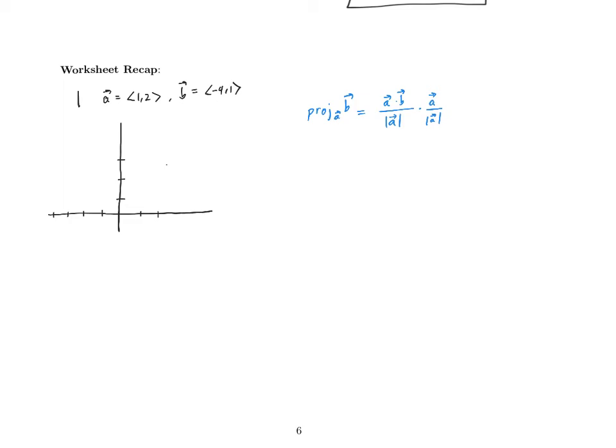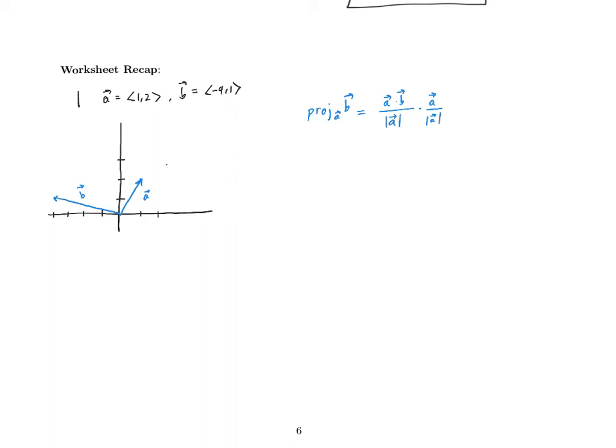So A is the vector 1, 2. So we go 1 in the x direction, 2 in the y direction. And B is the vector minus 4, positive 1. So we go 4 in that negative x direction, 1 in the positive y direction. And this may not be perfectly to scale, but hopefully it gives you an idea.